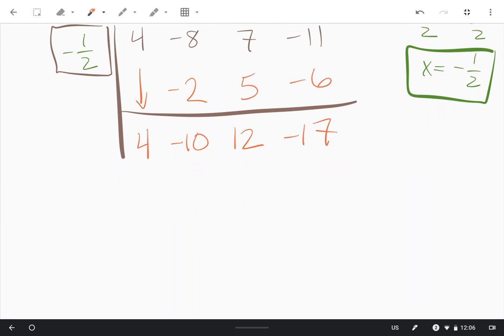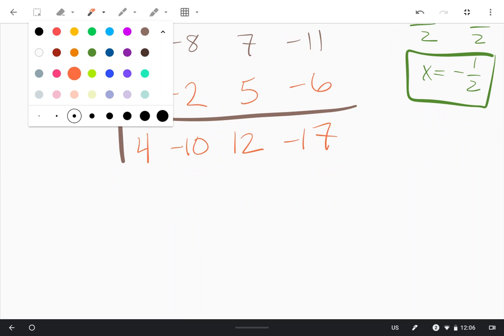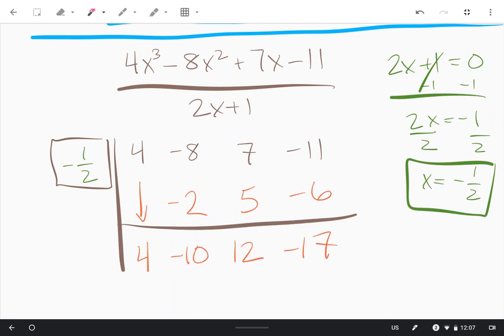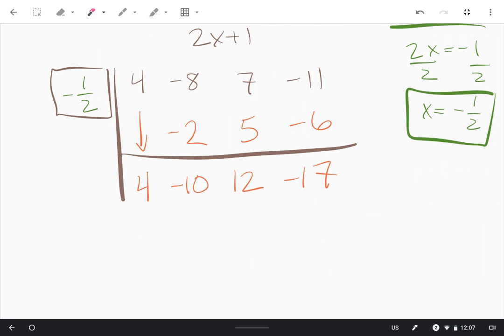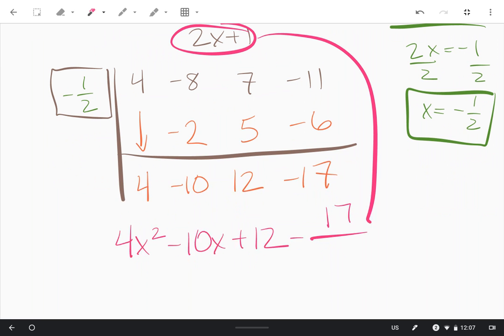So it actually worked out even though it was a fraction. And then we go to write our answer. We write our answer, take it down one level. It was at 3. So it goes to 4x squared minus 10x plus 12 minus 17 over the original divisor, 2x plus 1.